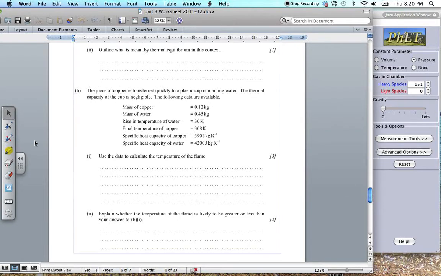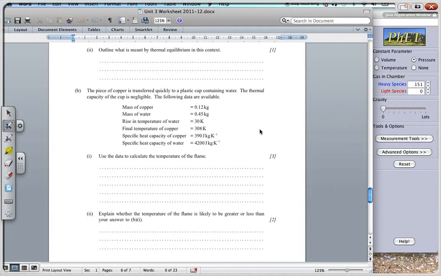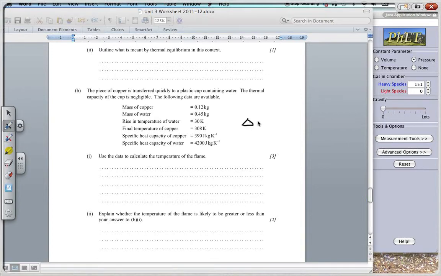Basically, what we need to calculate is the change in temperature of the copper, because once we do that, we'll be able to work out from the final temperature what the original temperature was. The original temperature of the copper, because it was in thermal equilibrium with the flame, would have been the same temperature as the flame.